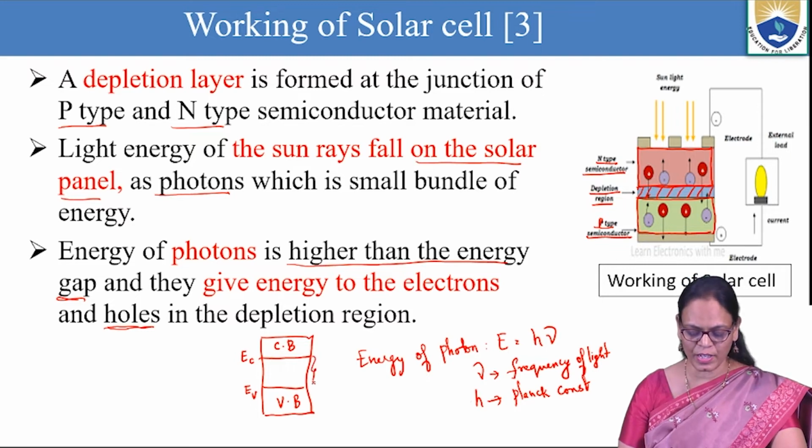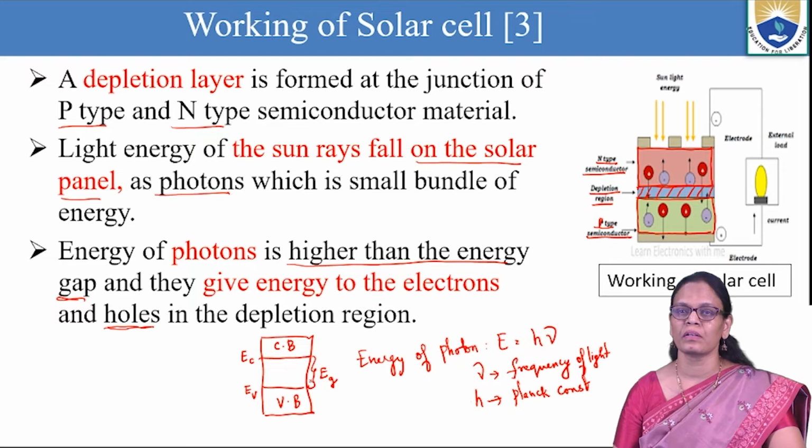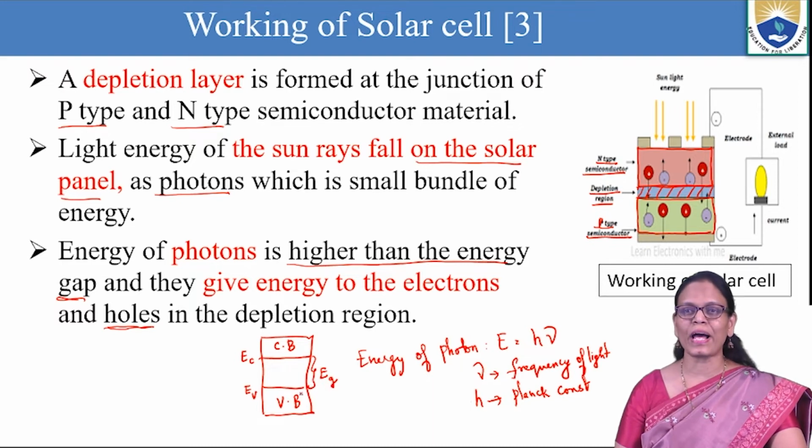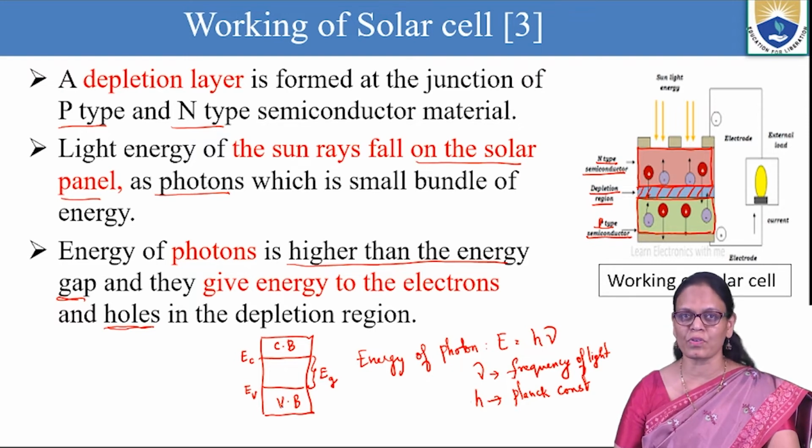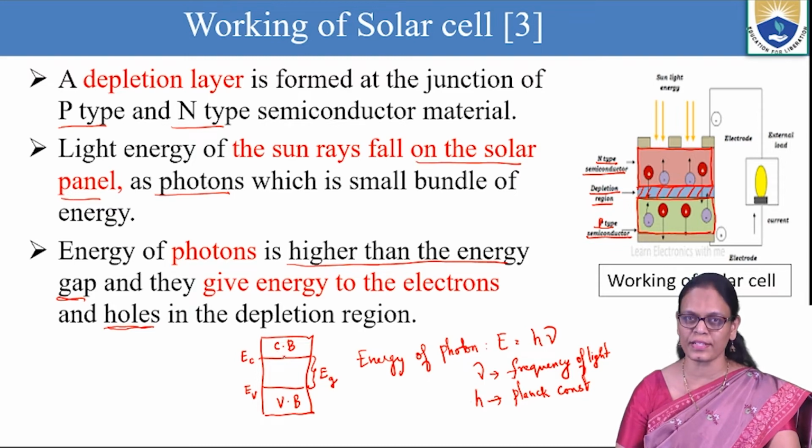This region we call the energy gap. The valence band denotes the energy levels of all the valence electrons put together, and the conduction band denotes the energy levels of all the conduction electrons, which are free electrons.